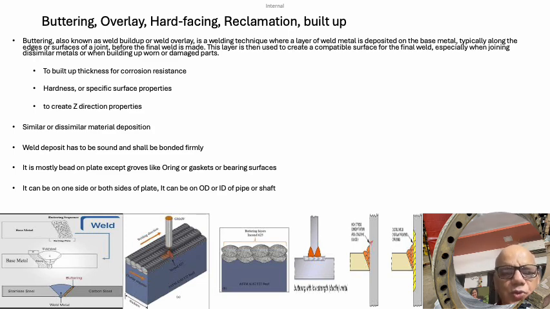That means we are going to use the welding process or processes to deposit material such that it will give some unique properties, or it will help in building up the lost thickness, worn out thickness, or for any other physical or metallurgical means. So what are those overlays or the buttering?